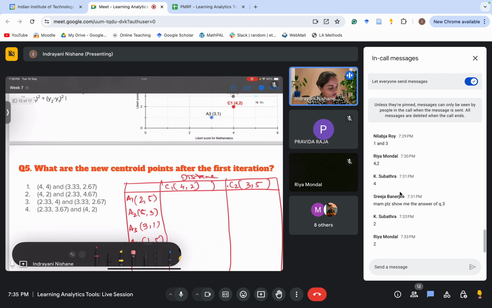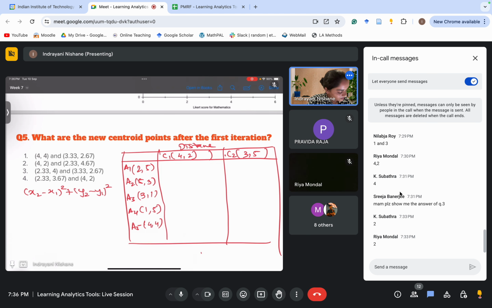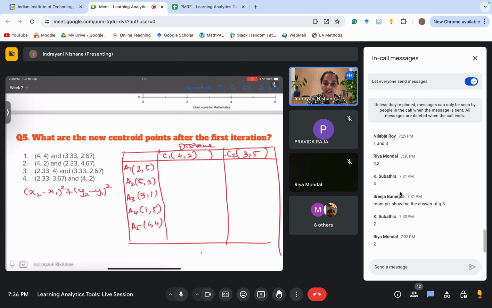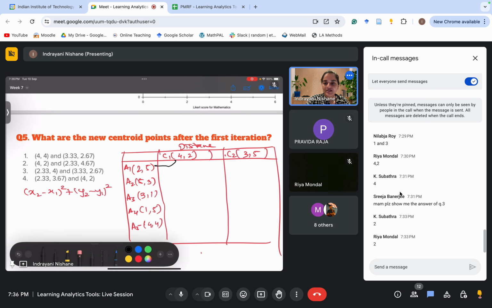Our distance formula is x2 minus x1 square plus y2 minus y1 square. Now we will compute the distance between centroid one and each point. Since it is squared, it doesn't matter which coordinate we subtract from which. We simply take the difference between the two x coordinates and the two y coordinates and square it.